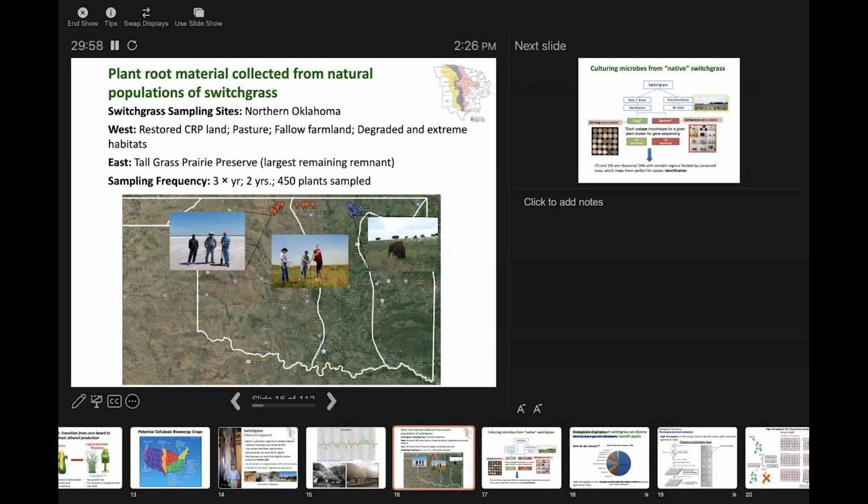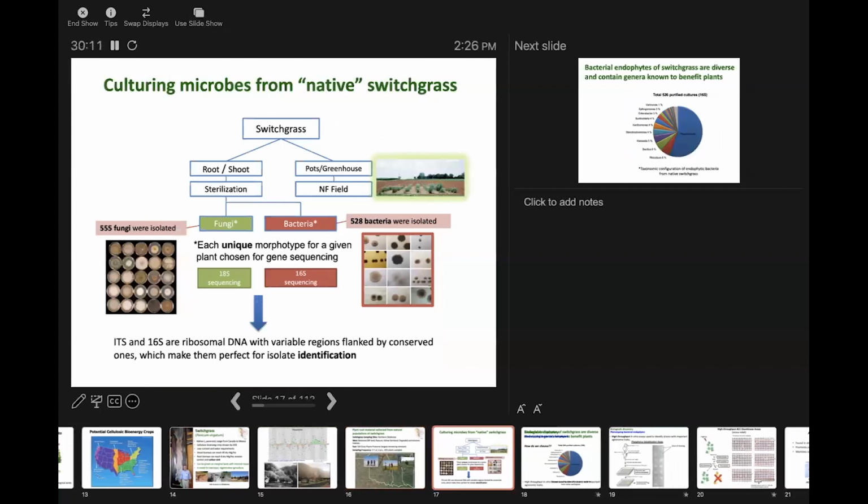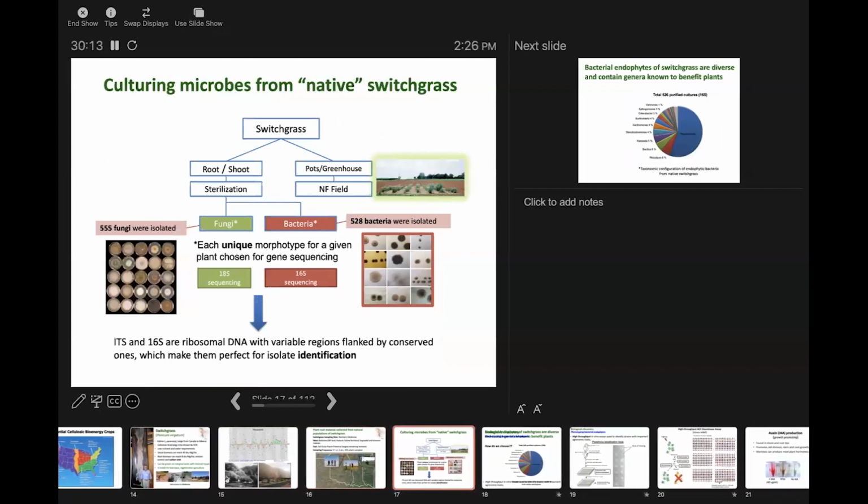Again, we sampled 3 times a year for 2 years, about 450 plants, non-destructively, okay? We take a part of the plant, part of the root system, part of the shoot system. Then what? Okay, so we go out, we collect all of these plants, we bring them back to our lab, and we want to get the microbes.